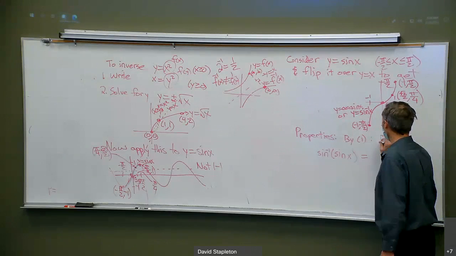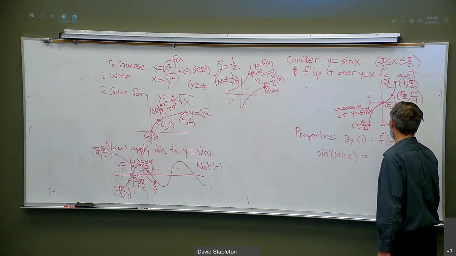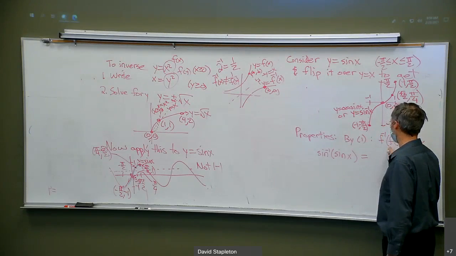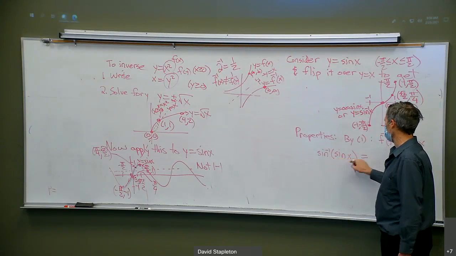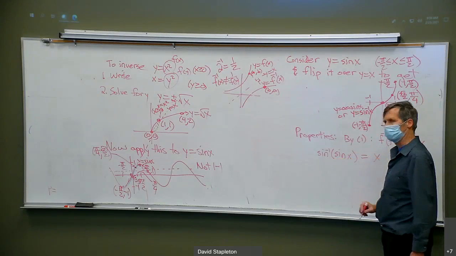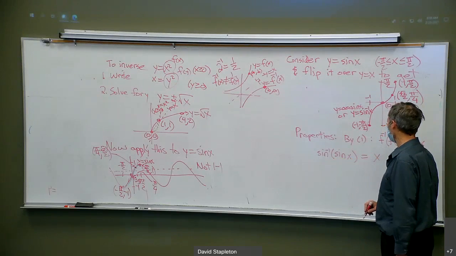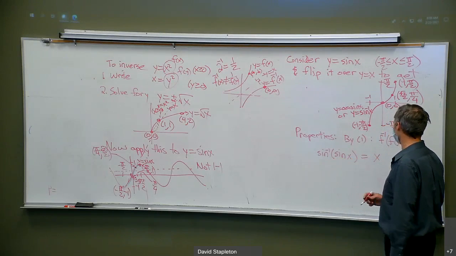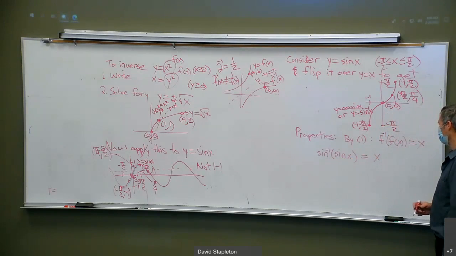Equation 1 said if you take f inverse of f of x for any function, you get back x, right? It undoes the f. So inverse sine of sine x just gives you back x. Except there's a problem. Why would this be different than this? The problem is that the sine function wasn't invertible, only a piece of it was.